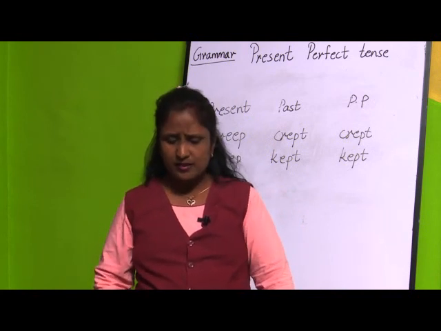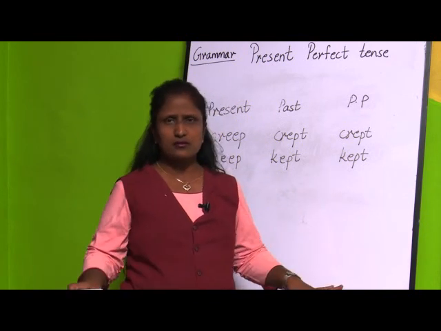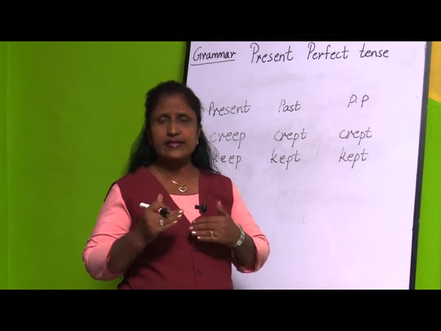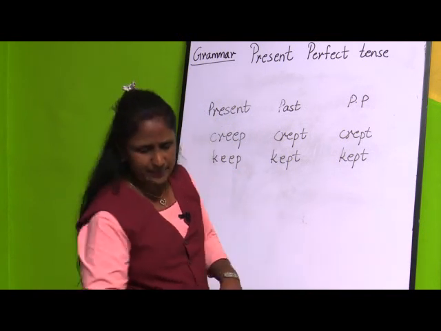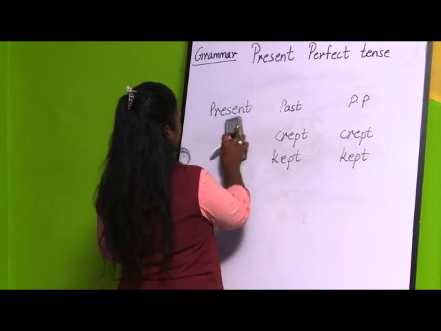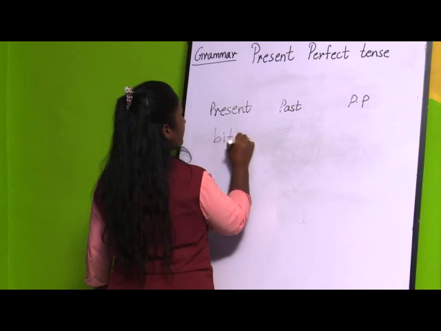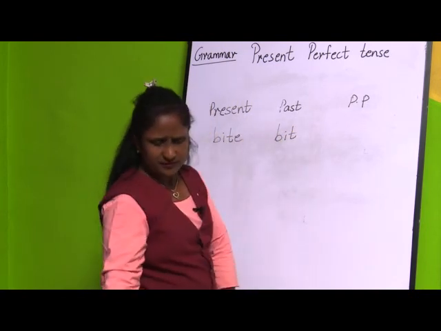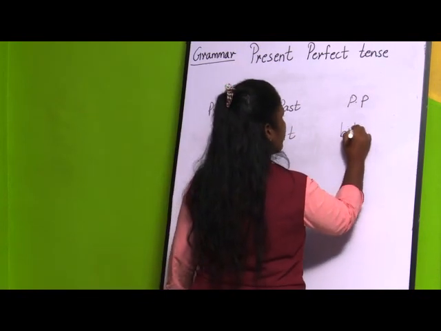Next, words which have three different forms. Here, for present tense, past tense and past participle, the forms will be different in all the tenses. For example, if I take bite, in past tense it will be bit and for the past participle it will be bitten.